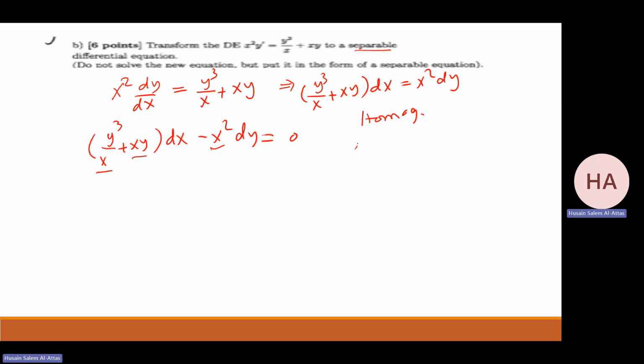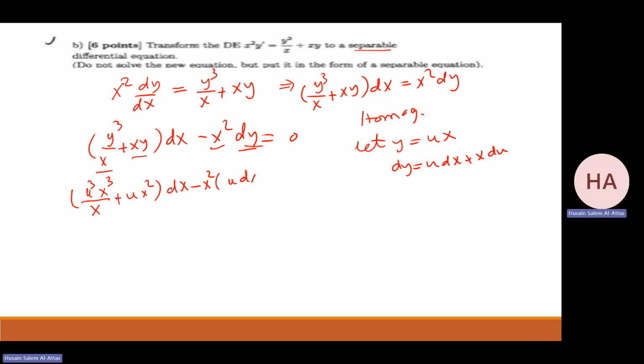Okay, so I let y equal ux, so I can have only one product here. So I have u cubed x cubed over x plus ux squared dx minus x squared times dy, which is u dx plus x du, equals 0. I did the calculation.